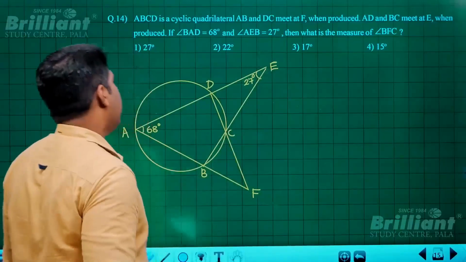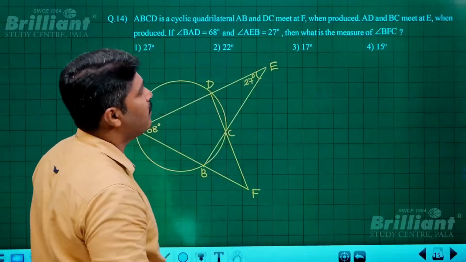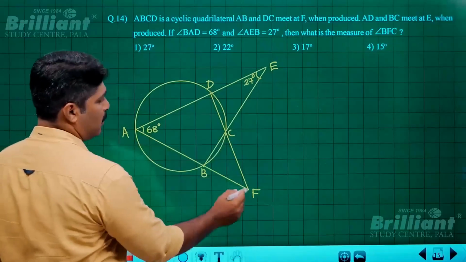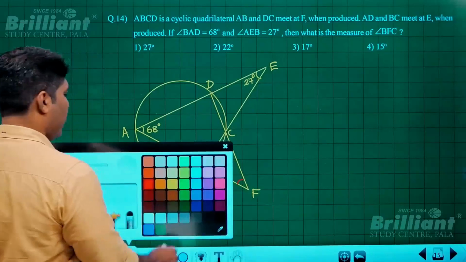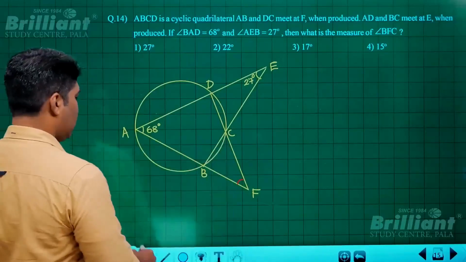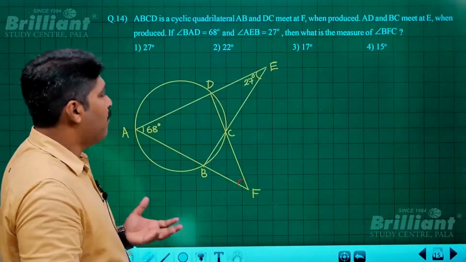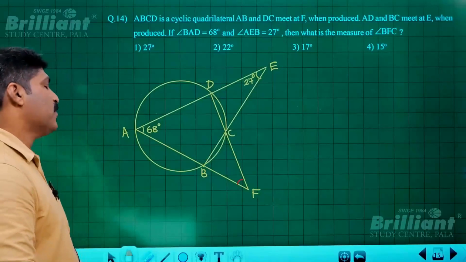If angle BAD equal to 68 degree, then angle AEB equal to 27 degree, then what is the measure of BFC? So we have to find out the measure of this angle, that is BFC. Then how to find out this one? Here, which are the important points, with the help of theorems or the properties, that we can consider?